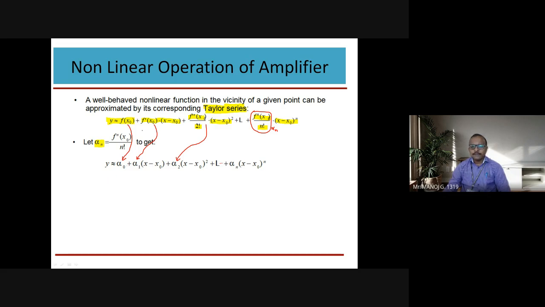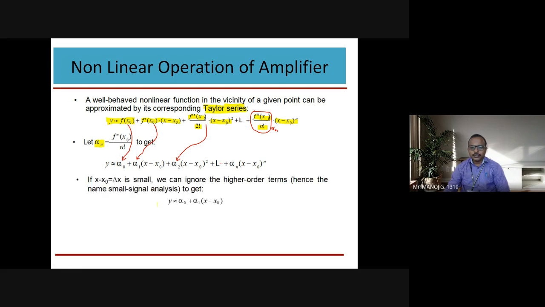Now, when you are going to define an amplifier, we are taking the first order differential value. Higher terms we neglect for analysis purposes. We remove the higher order terms and just consider the first degree value, which is only till this particular term. So we consider alpha is equal to alpha naught plus alpha 1 into x minus x naught, ignoring the higher order terms.